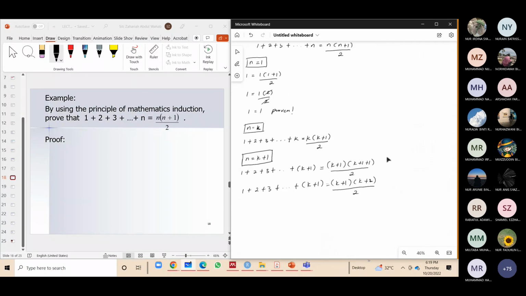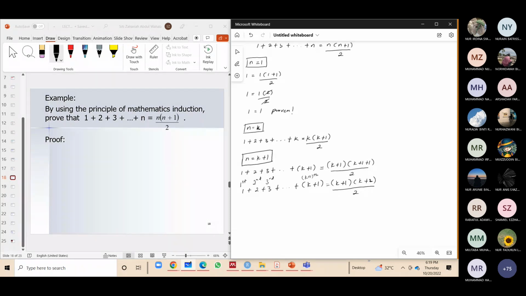All right, now look at this. I have 1 plus 2 plus 3 plus up to k plus 1. Actually, this is the first number, this is the second number, and this is the third number, until here, this is the (k plus 1)th number. You get me? Actually, this is the summation from the first number to the (k plus 1)th number.